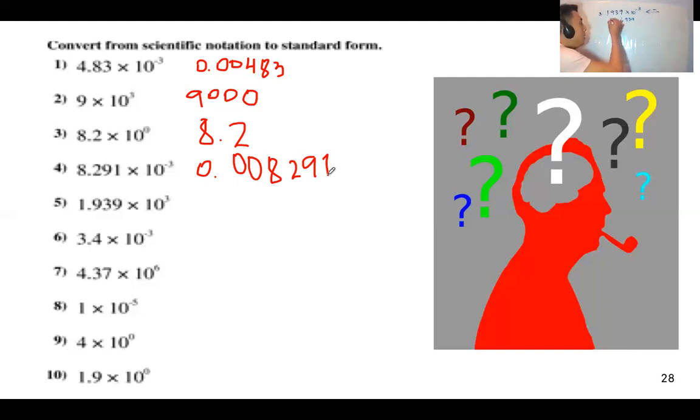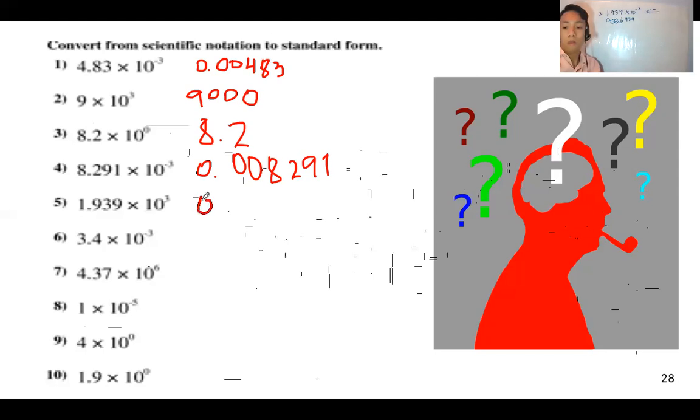Decimal point 0, 0, 0. Dapat alam nyo kung ilan yung 0 ilalagay nyo, ha? Okay? Ayan. So our answer for number 5 is 0.00193.